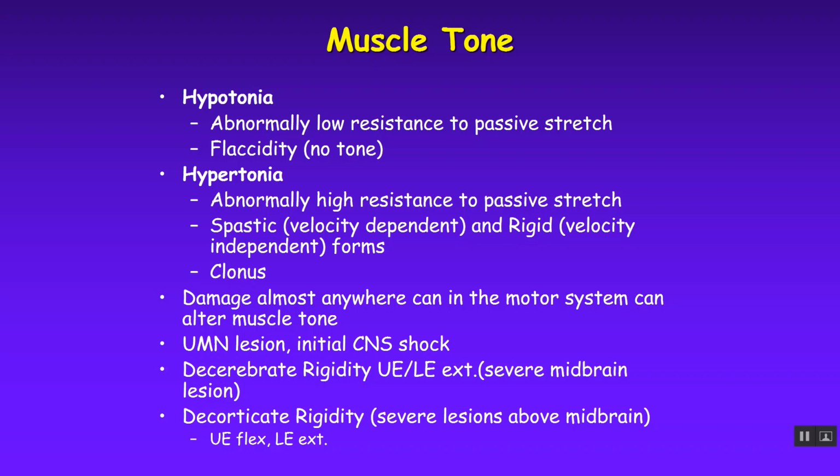If you have no tone at all, where you take somebody's limb and it just flops, and oftentimes they're going to be atrophied and they're going to have no reflexes, that's when you use the term flaccid. It's a flaccid limb.